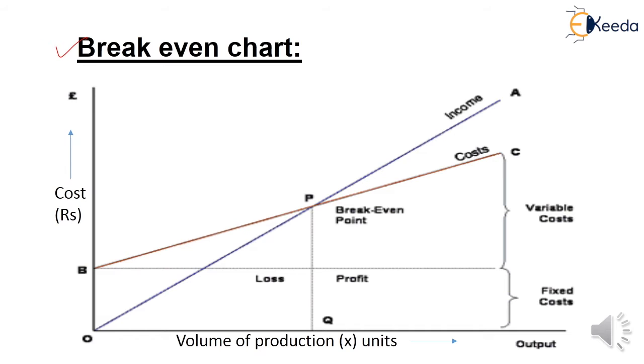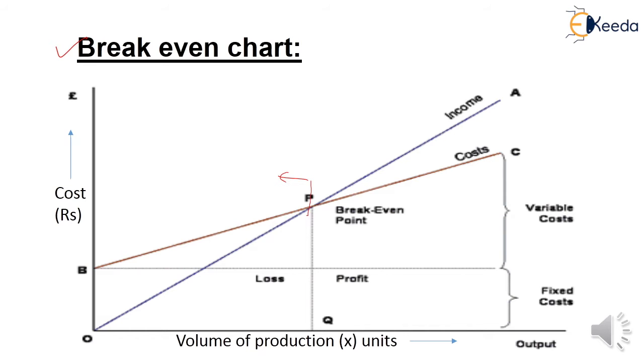Let's see, at the left side of this point, please see carefully, the BC line, that means the total cost line, is above the total selling cost line OA.